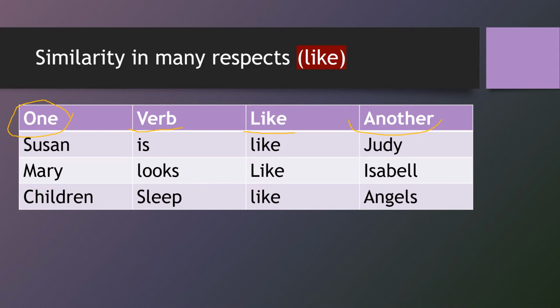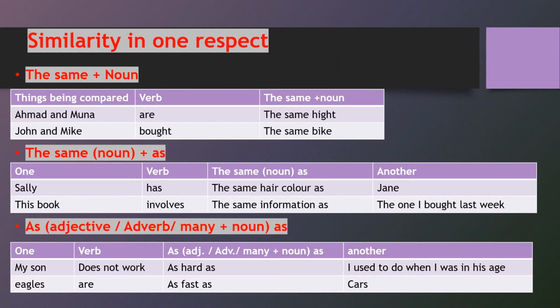In the other one, similarity in one respect. So here we've got three types of similarities. The first one is complete sameness. The second one is similarity in many respects. And the third one is when you are comparing things in one respect. Let's have a look.